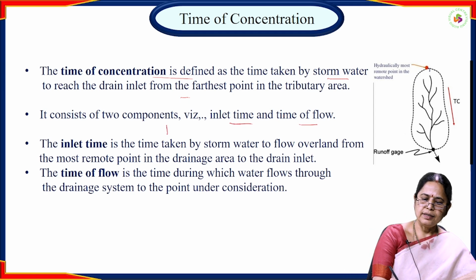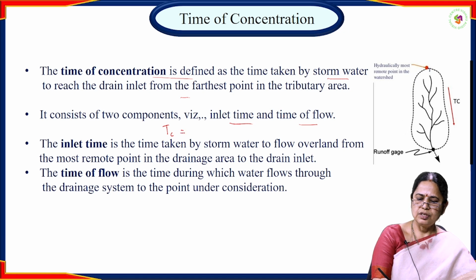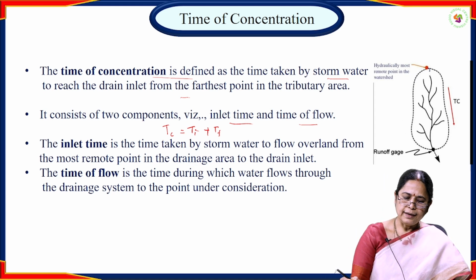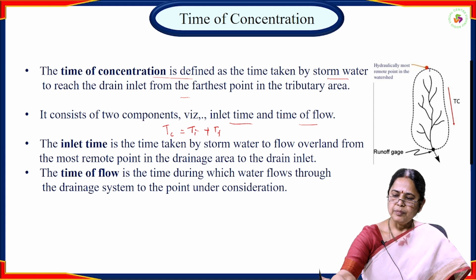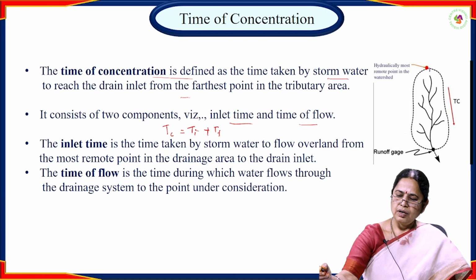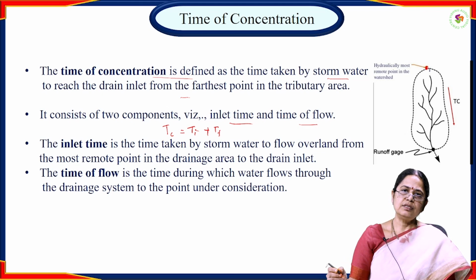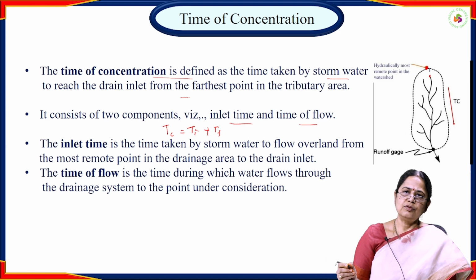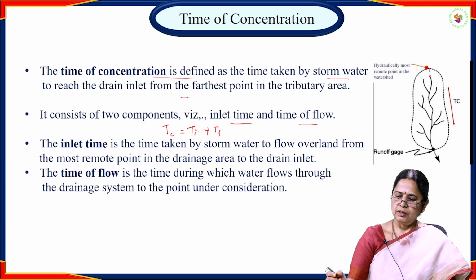We can write it as time of concentration is equal to time of inlet plus time of flow. Here, the inlet time is the time taken by the storm water from the farthest remote point to the drain inlet, known as time of inlet.